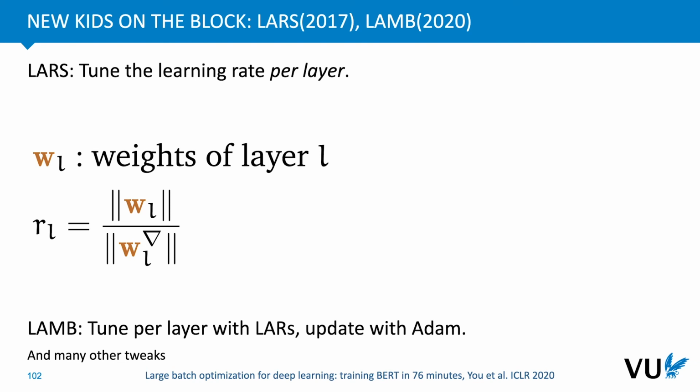And that tells us something about how much the weights are likely to change in relation to the gradients. And we can think of that as a confidence or a trust in this layer that we can use to tune the learning rate. And LAMB then applies this principle of LARS but instead of combining it with SGD, combines it with the Adam update, together with some other tweaks.